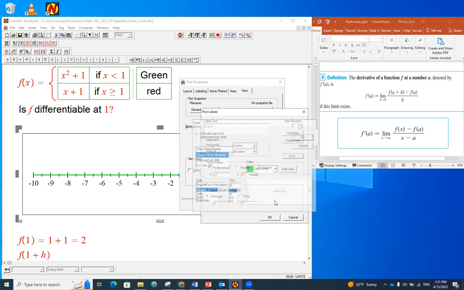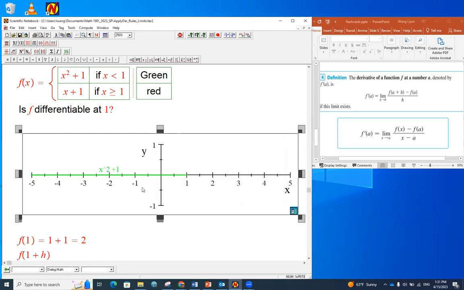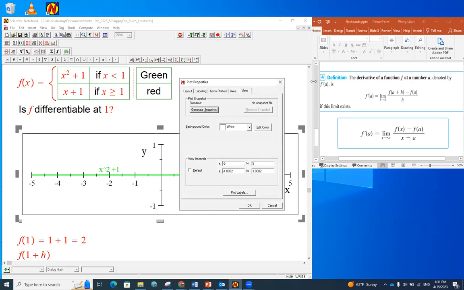There we go. This piece we use x squared plus 1. The other piece we use red, including the point 1, 0.